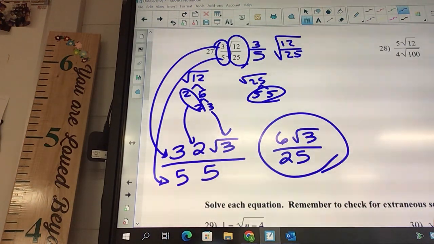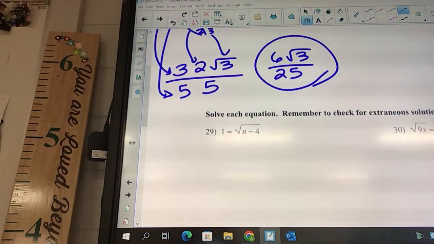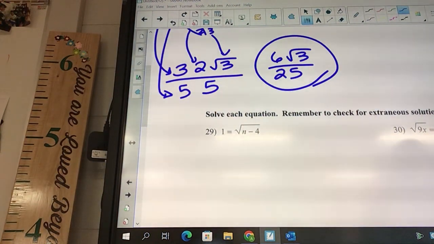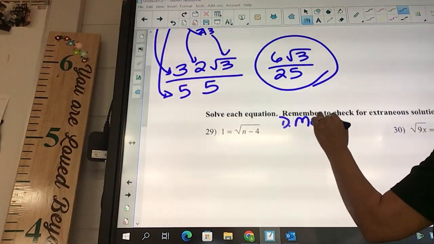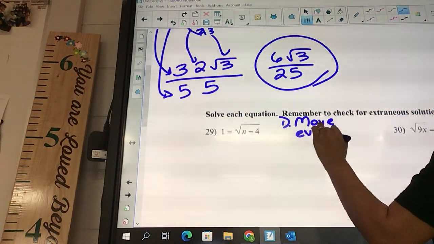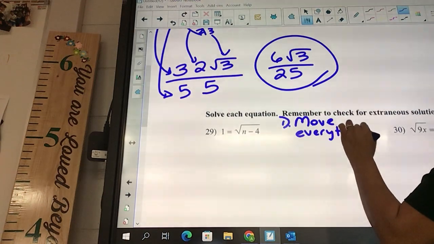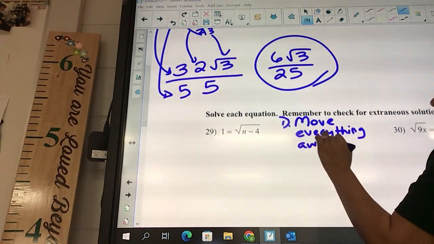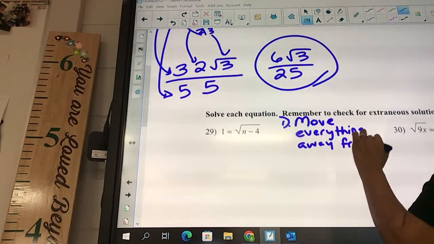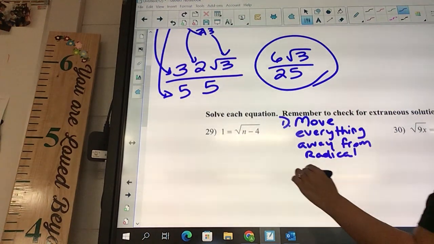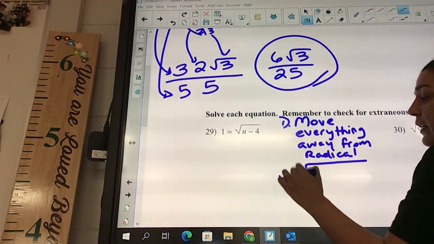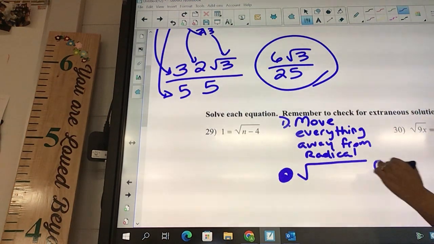Last but not least, simplifying or solving radical equations. We did this yesterday, okay? The whole goal here is to move everything away from the radical. We cannot have something here, and we cannot have anything here.